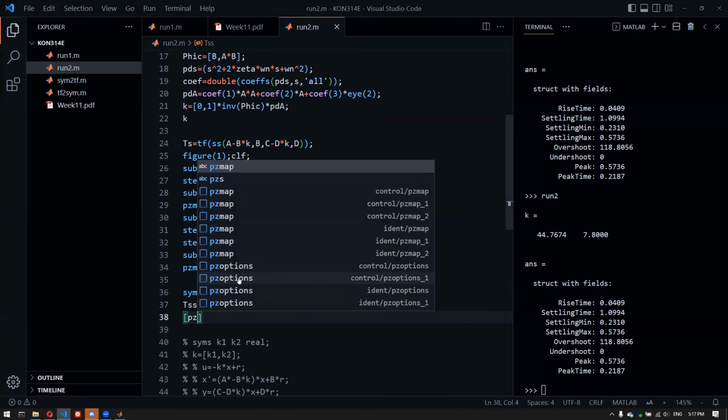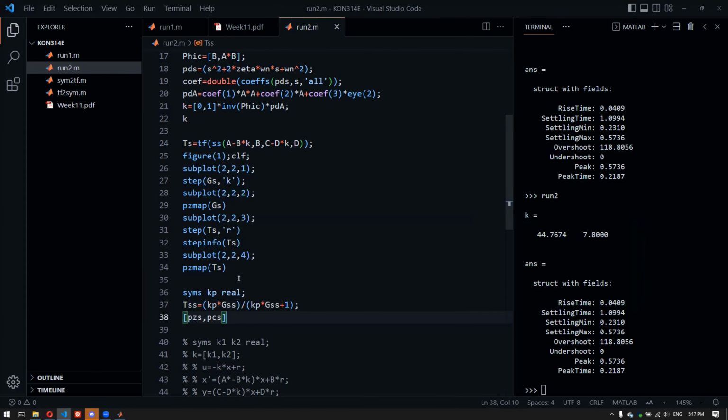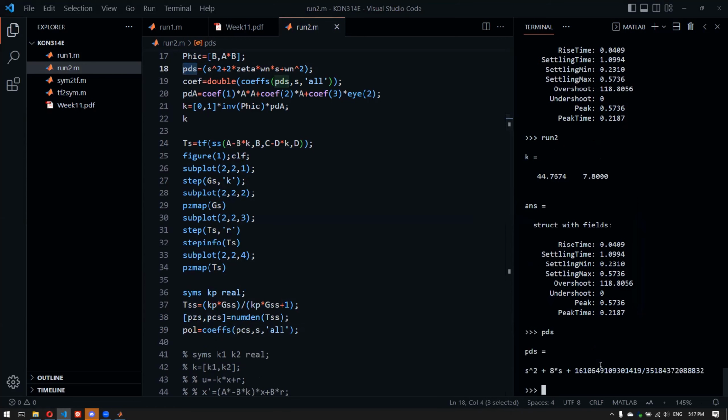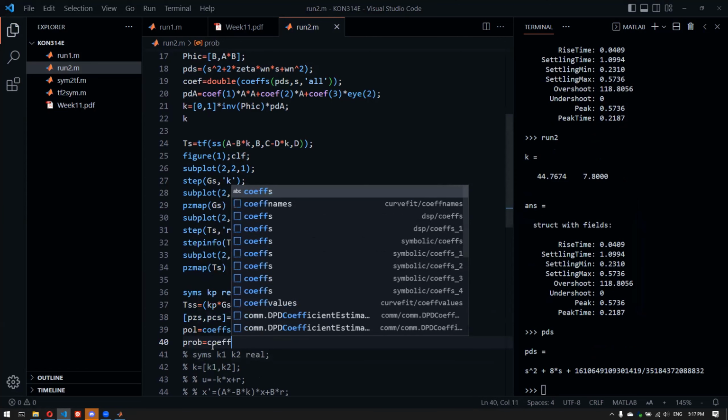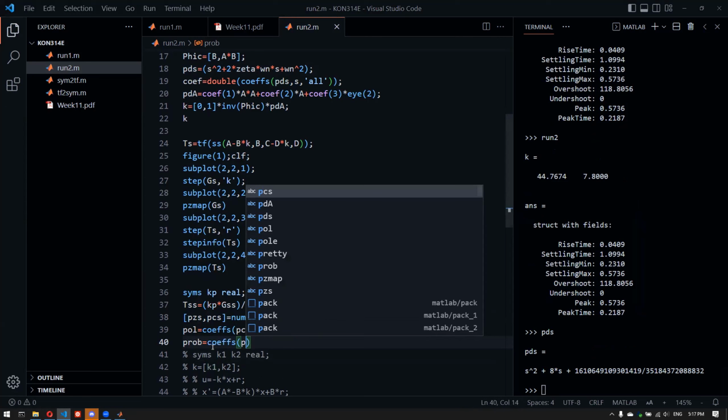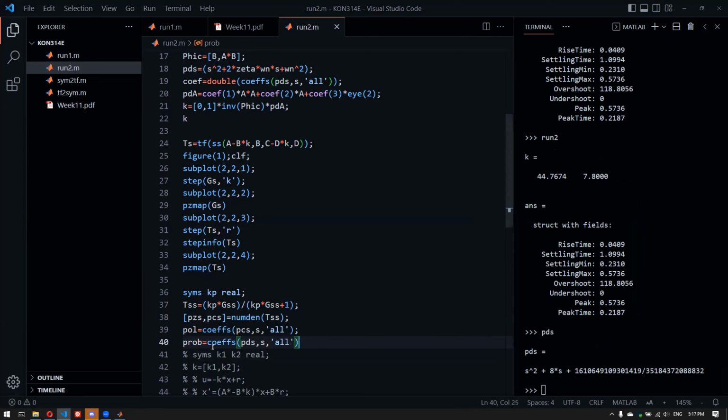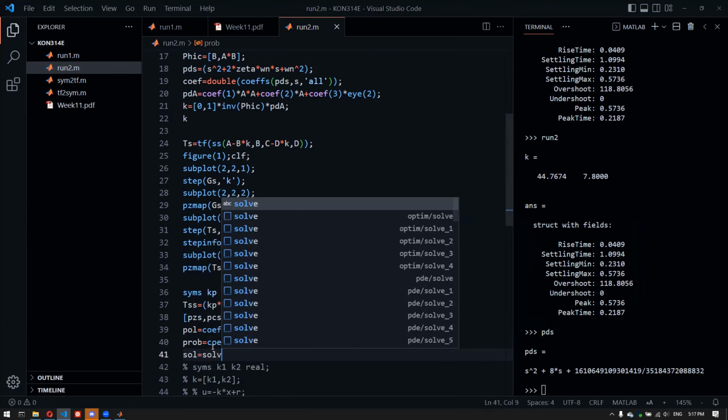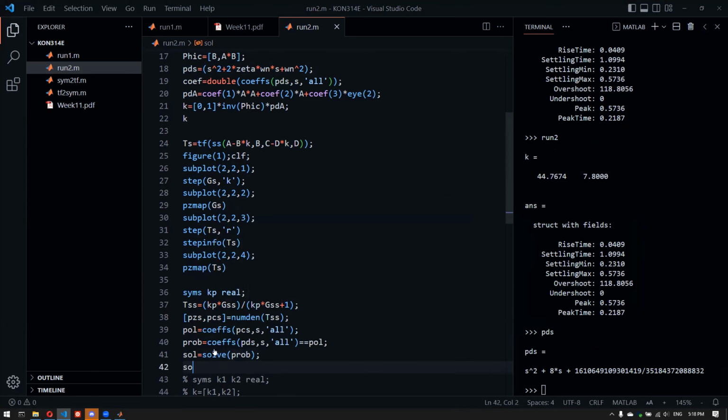Let's have [num, den] equal to numden of Ps, and let's get coefficients of Pcs as all. We should still have Pds here, so that's still there. So let's define a problem. Coefs Pds, comma s, comma all should be equal to pole, and sol should be equal to solve the problem. And let's have sol here.